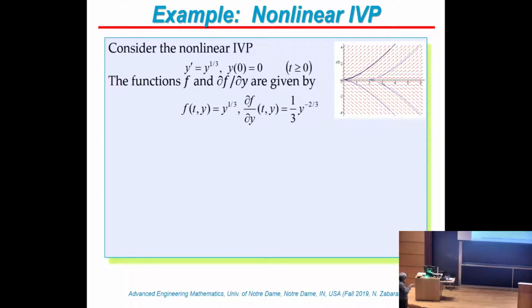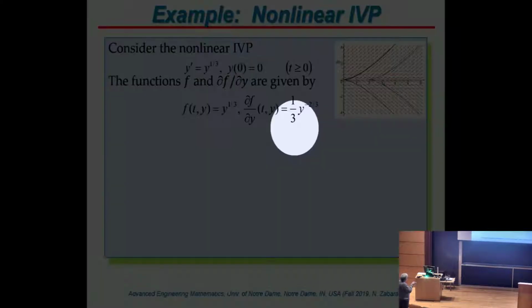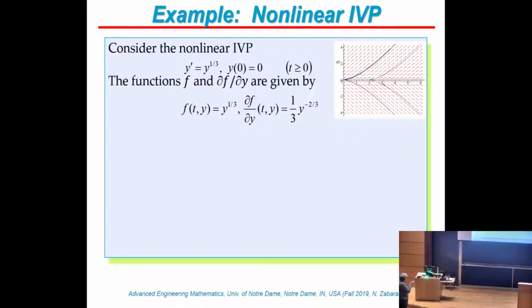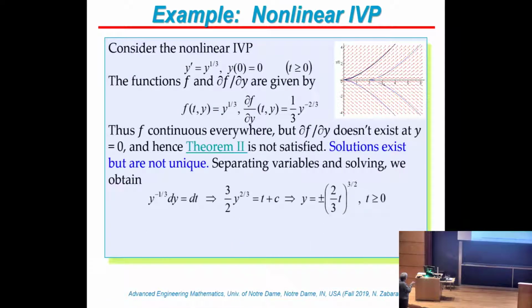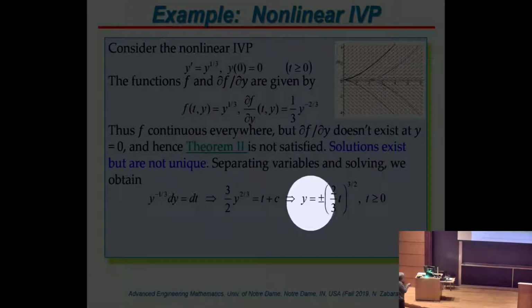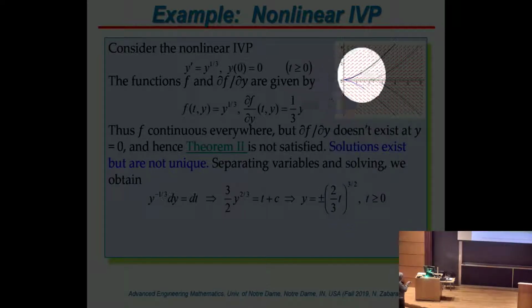So it blows up, and the theorem indeed cannot tell you about a unique solution, because the problem actually has two solutions. And I can tell you, if you actually go and solve it, the two solutions come to be y equal to plus minus the square root of 2/3 of t to the 3/2. And you can see the two solutions that you get for this particular initial condition.